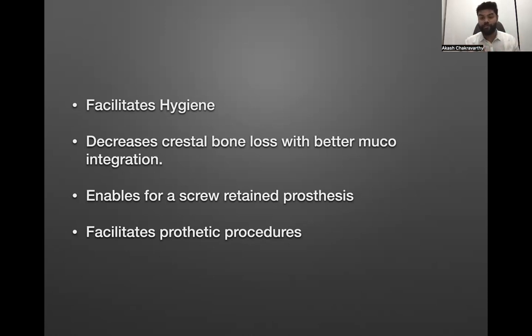And sometimes you won't even be able to engage all the screws. We will leave one implant without a screw in implant level prostheses. That is not the case in multi-unit level prostheses. It is very easy to get a passively fitting prosthesis when you're using multi-unit abutments.